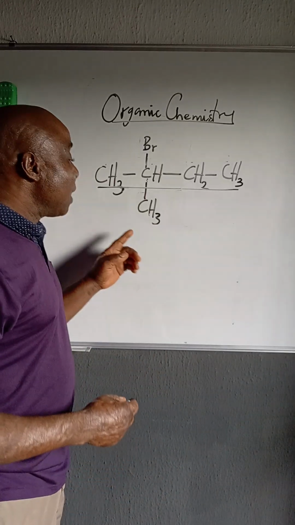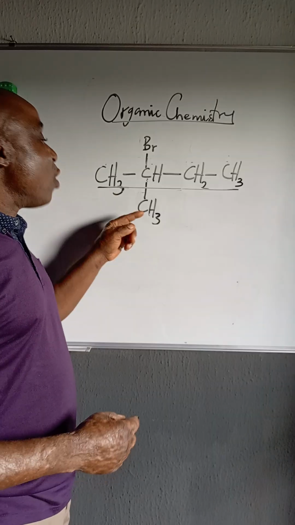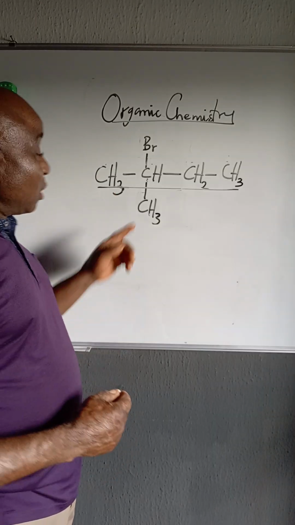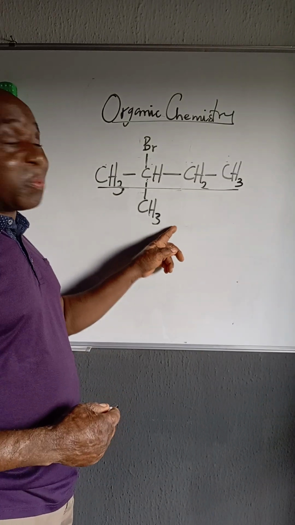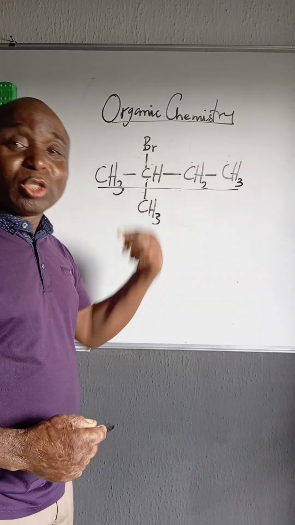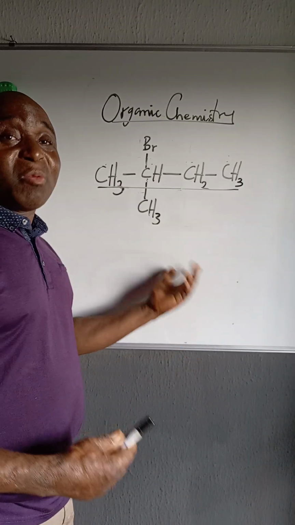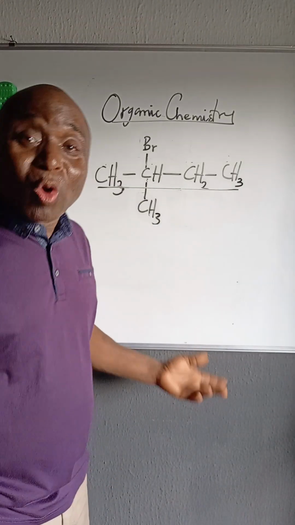As you can see, there are branches on the chain and the branches are on the same carbon atom. CH3, which is a methyl group, and Br, which is a halogen group. Br is bromine, as we know, and here it is called bromo.